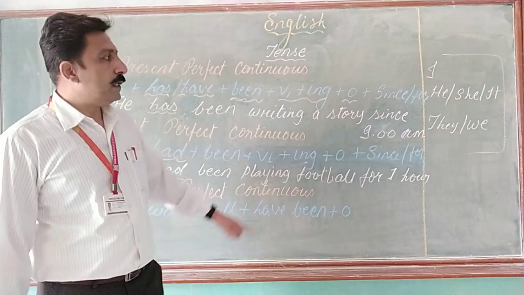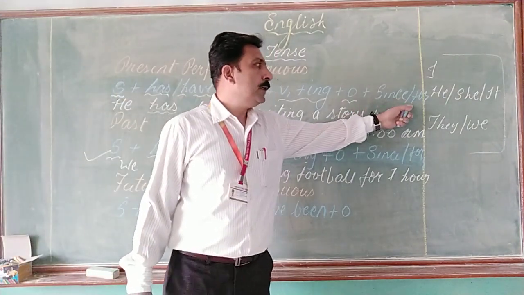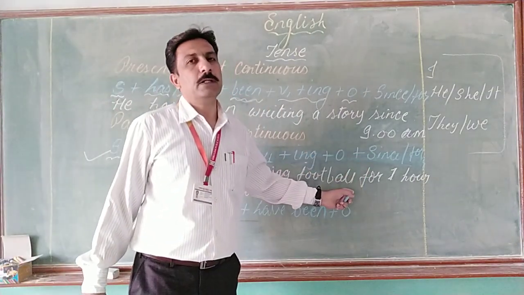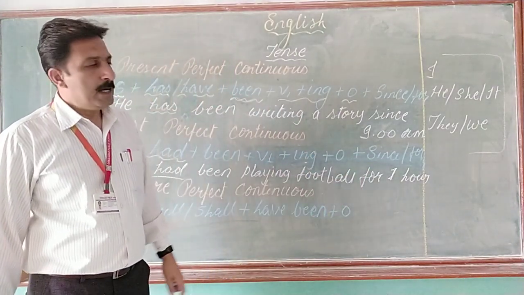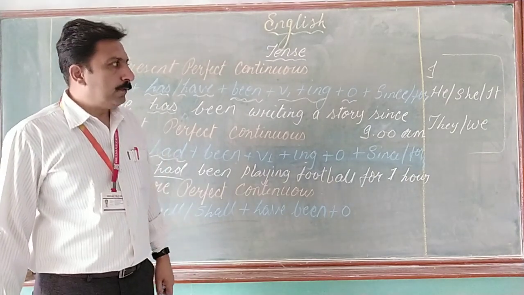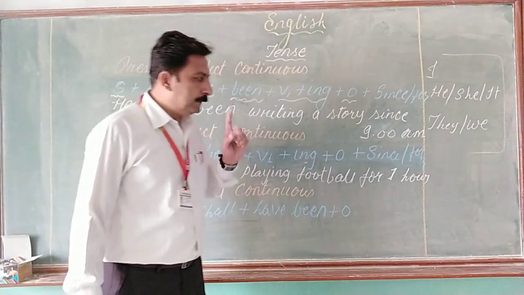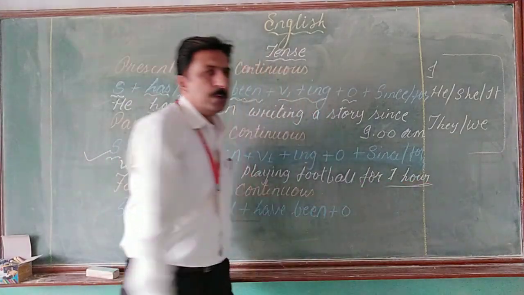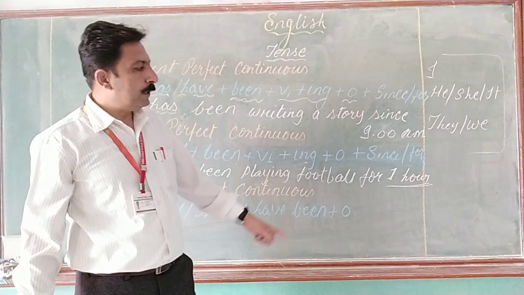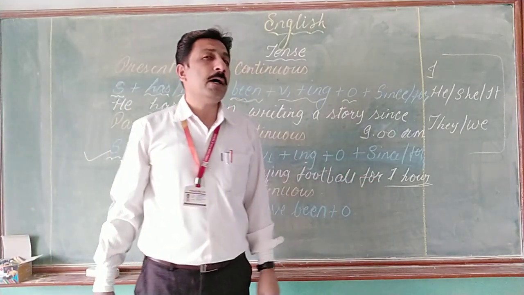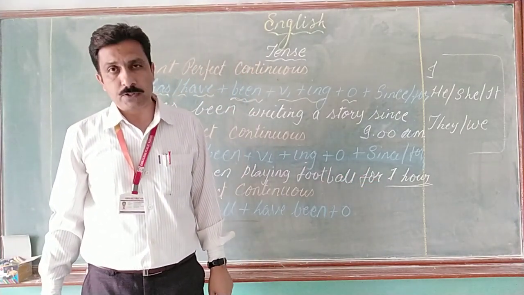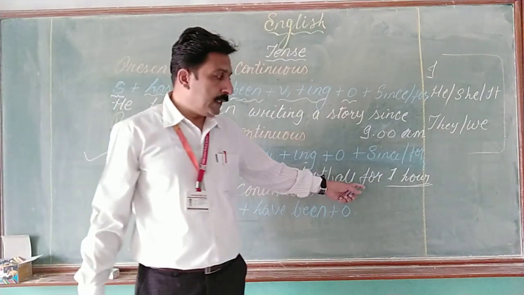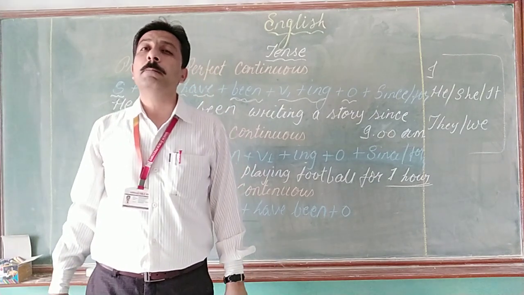So usually we use since and for in present perfect continuous and past perfect continuous. Now one thing more I want to tell, don't get confused. This 1 hour is the duration. But if before this 1 hour I put last, L-A-S-T, then this 1 hour will also become specific.